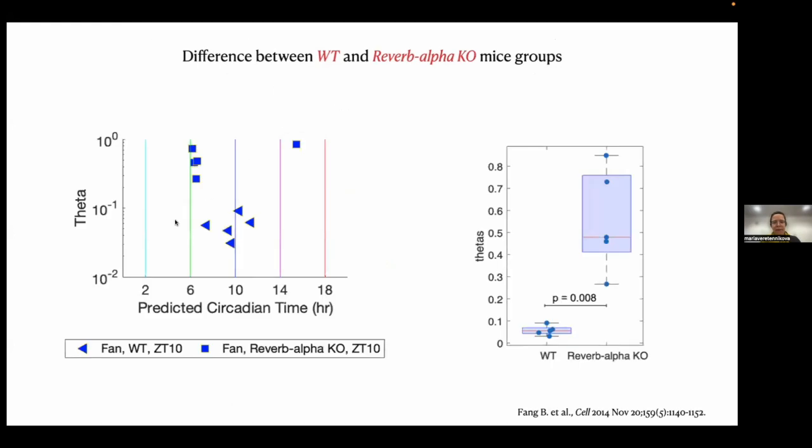And if we look at the thetas, there is quite a large, significant difference between the groups. Also, the predicted time for the wild type is more bunched around the time when the data was taken.